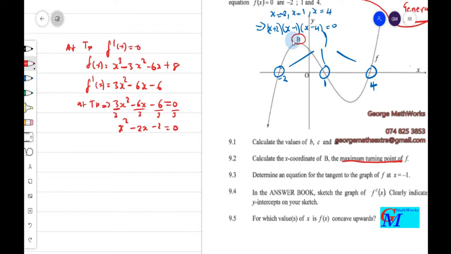At this point factorization is limited, so I can use the quadratic formula. x is equal to minus b plus or minus the square root of b squared minus 4ac all over 2a. Now I need to perform substitution. Let me use a different pen for that.